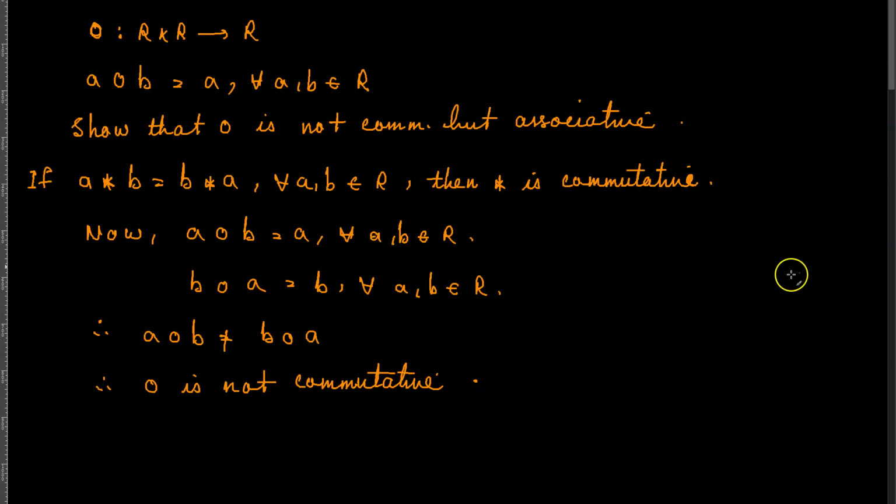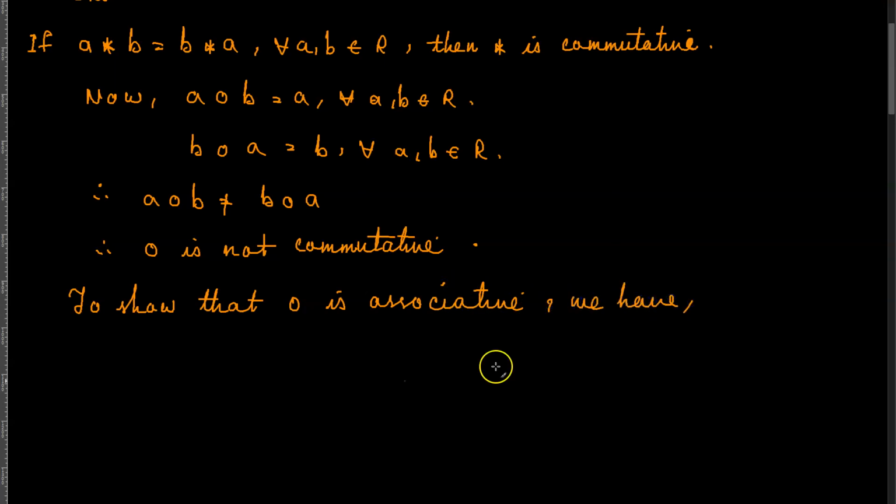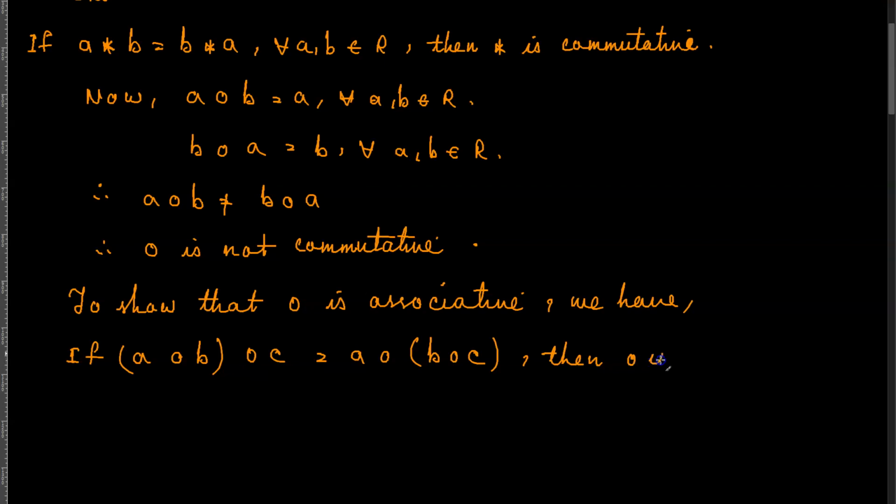And to show that O is associative, we said that if AOB O C is the same thing as AO BOC, then O is associative.